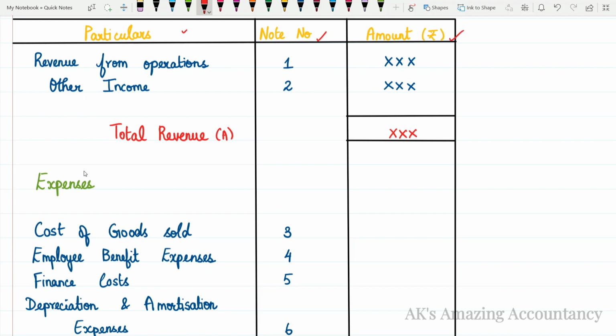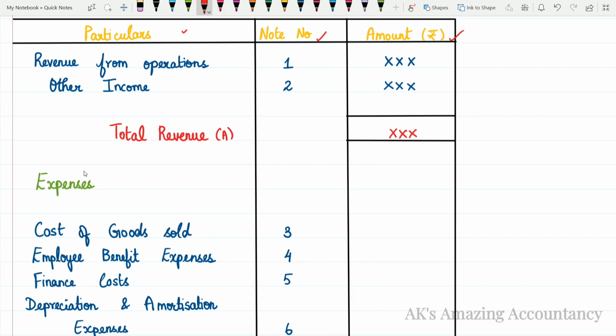Actually, this statement of profit and loss will consist of seven notes. Each note is for a separate heading, and a note is nothing but a working note. For each note number, you give the items which come under that particular heading.